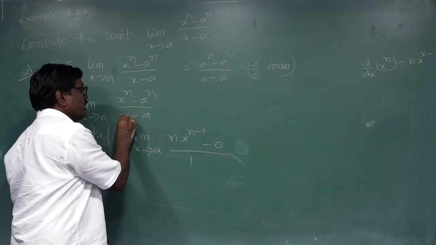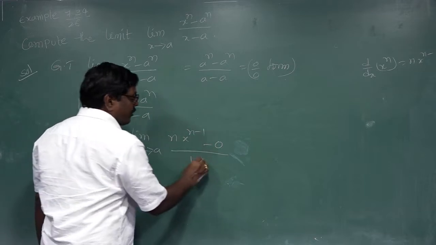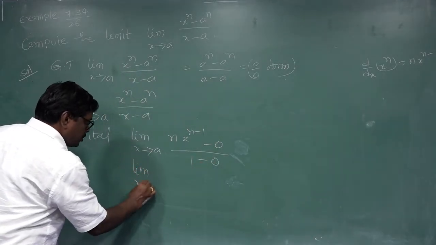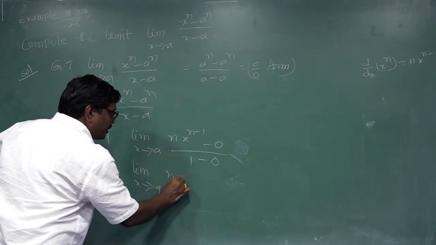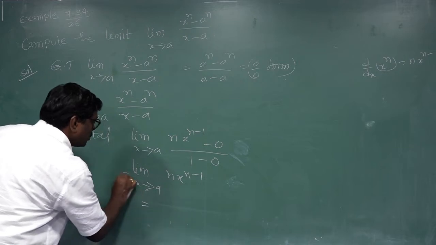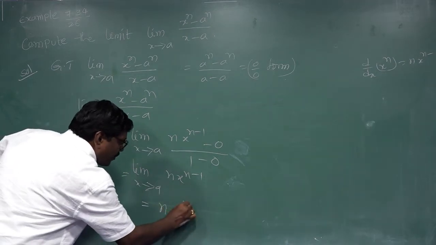So the limit as x tends to a of n x^(n minus 1), by substitution, equals n into a^(n minus 1).